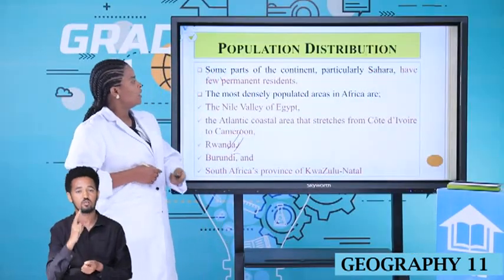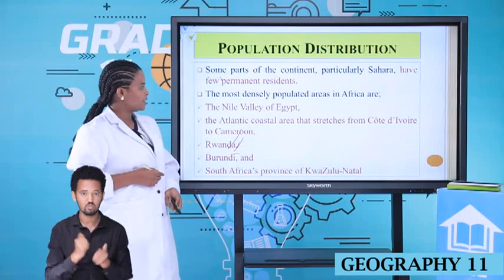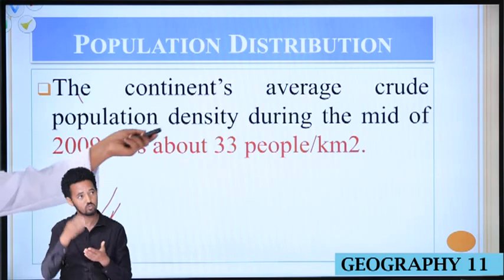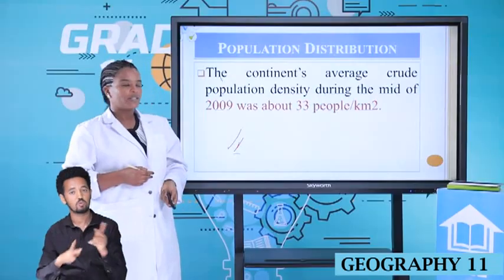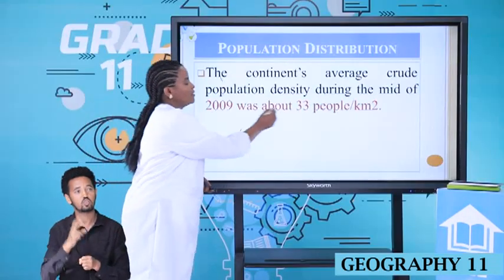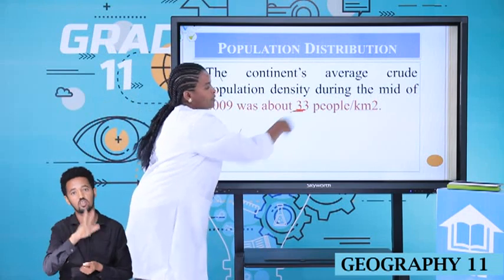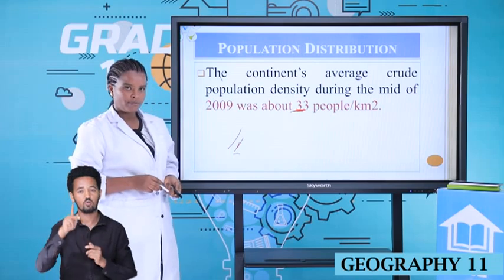The continent's average crude population density in the mid-2009 data sheet was 33 people per square kilometer.